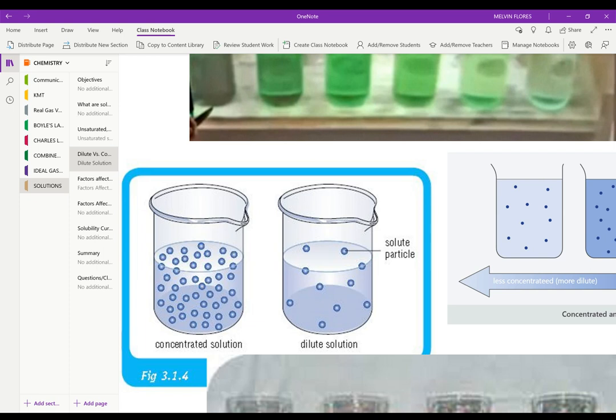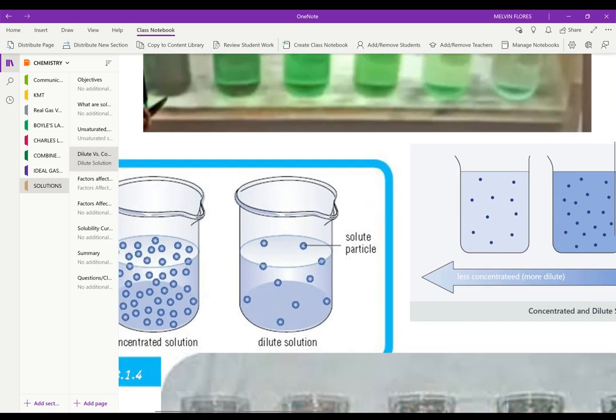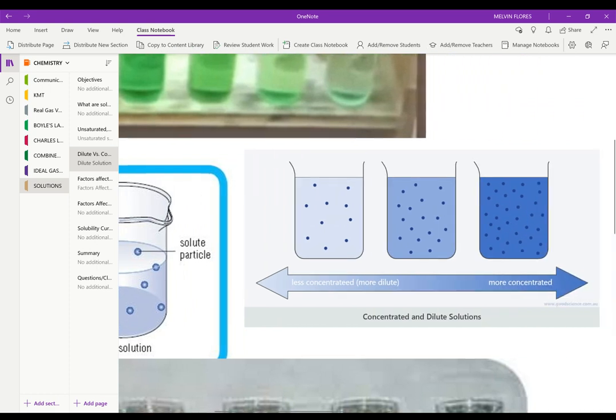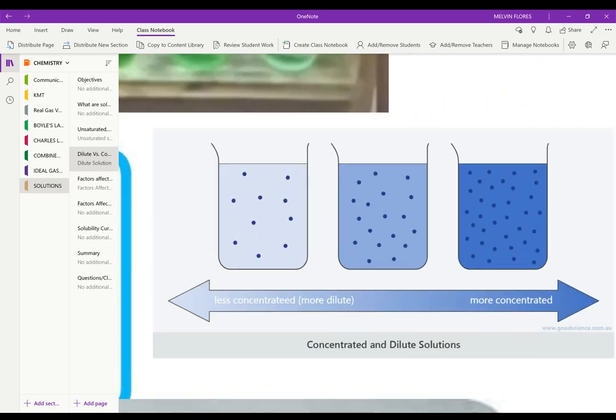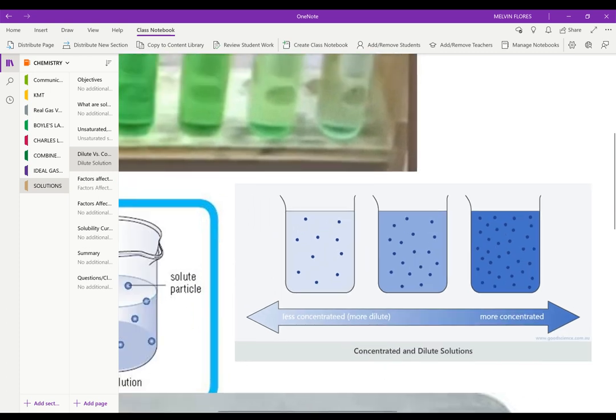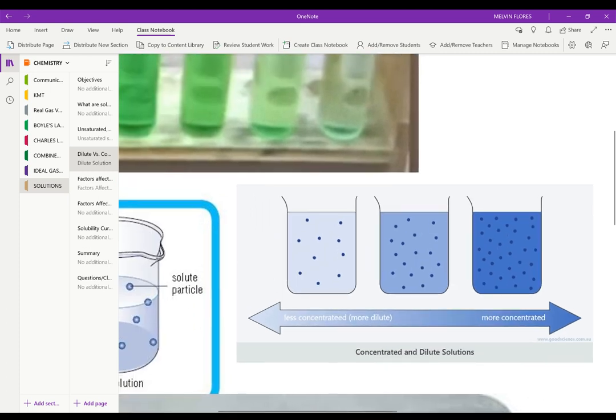As you increase the number of particles, the more concentrated it is; the less concentrated, the fewer particles of the solute in the solution.